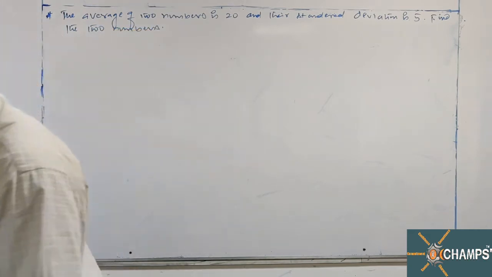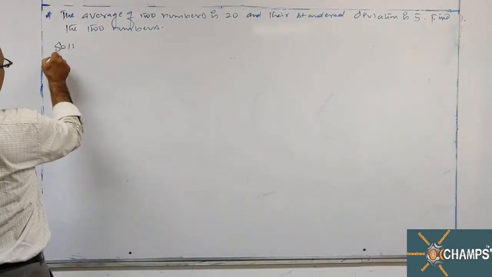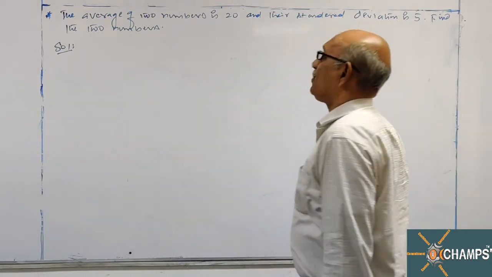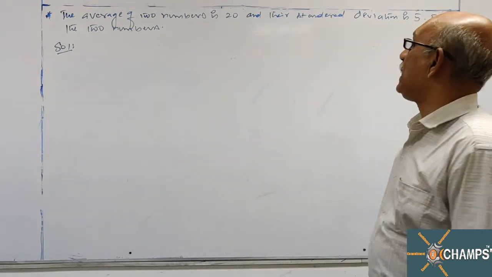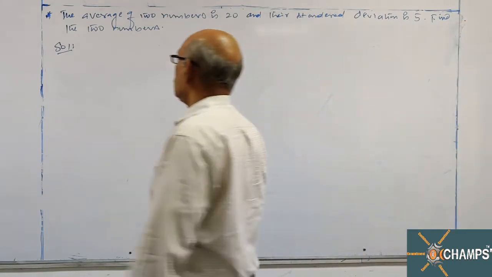Find the two numbers. Look at the question, sir. What is given? Average of two numbers is given as 20 and their standard deviation is given as 5. Okay.